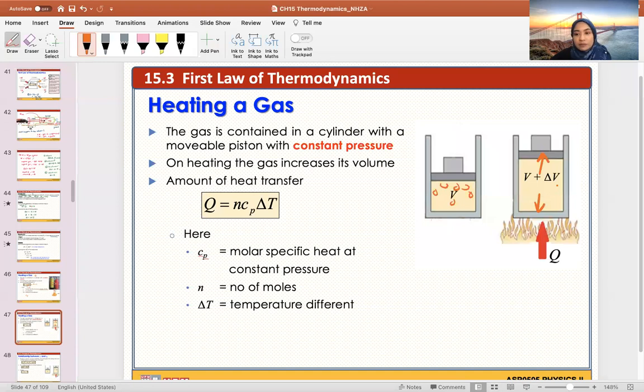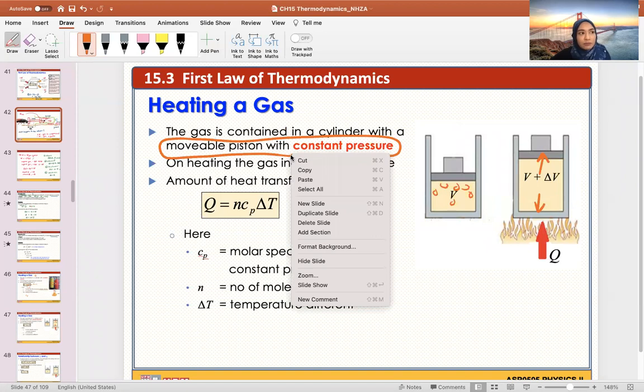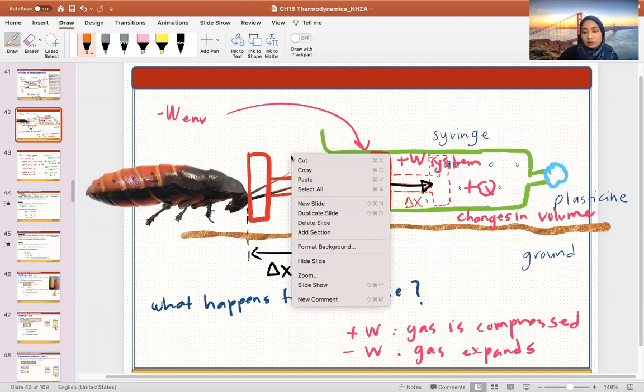When we have something that expands, it means that the volume is not constant, but the pressure may be constant. Usually in the case of a piston or a syringe, the pressure is constant.